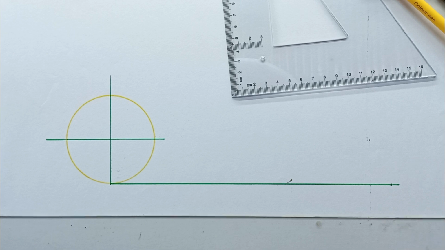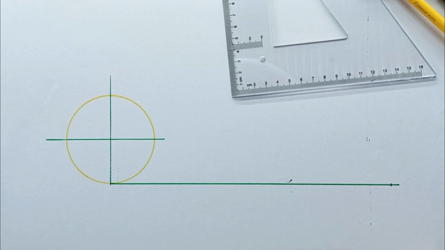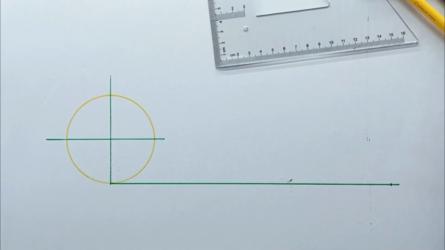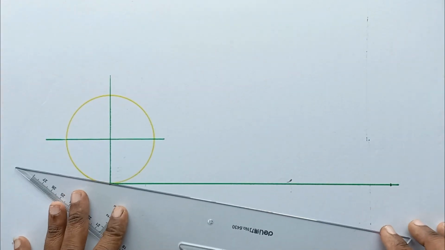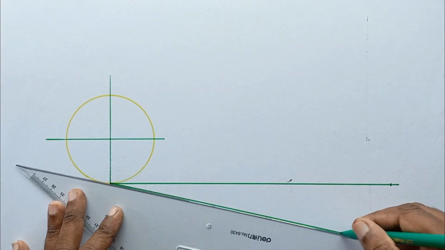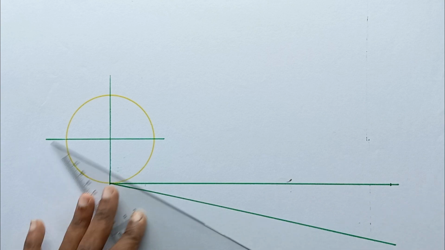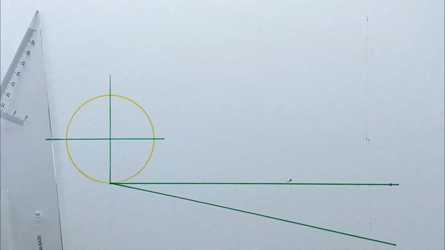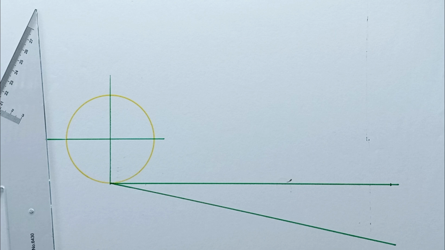The next step, we want to divide this line into 12 equal segments. Draw an inclined line like this. Then mark the 12 equal segments along this line.